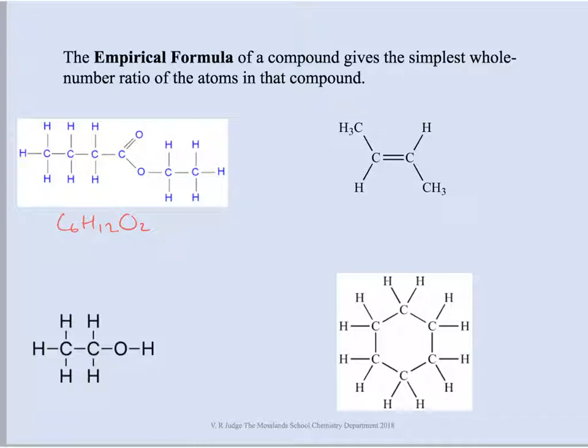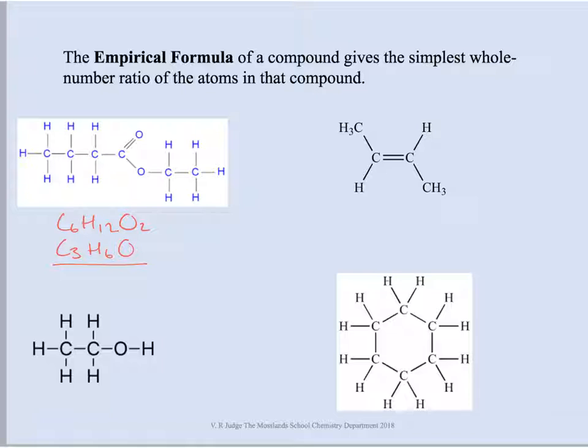So the empirical formula for this, if you could simplify the ratio down, we've got 6 to 12 to 2. Obviously all of those numbers can be divided by 2. So you'd have C3H6O. That's the simplest ratio. For every 3 carbons in that compound, there are 6 hydrogens and 1 oxygen. So that's the empirical formula.